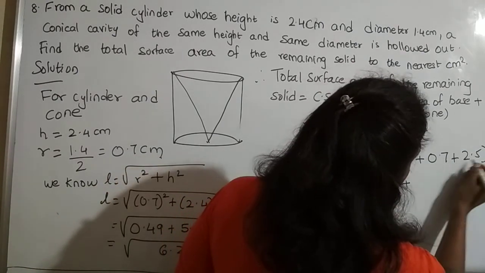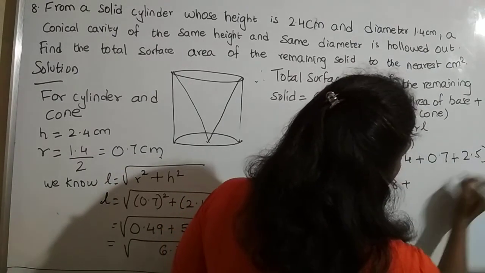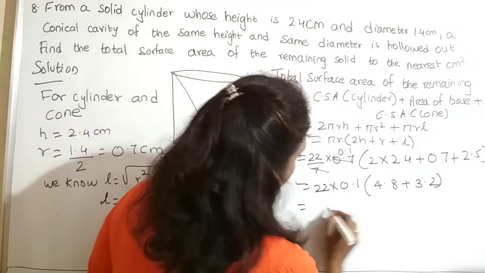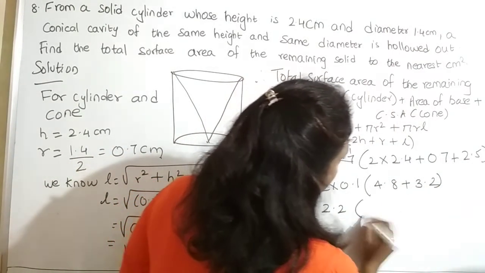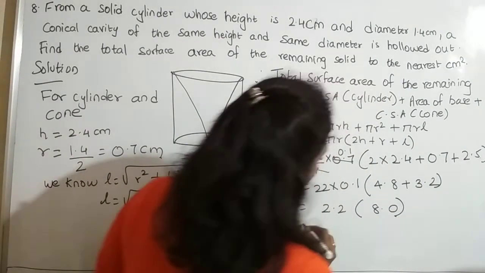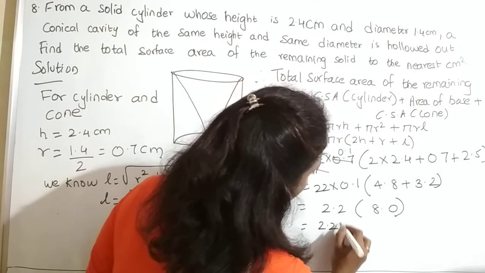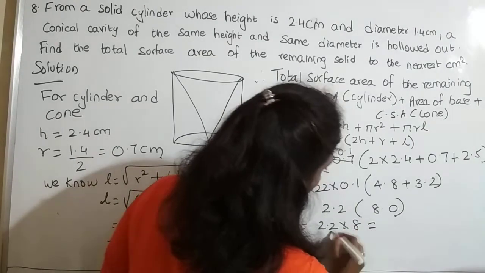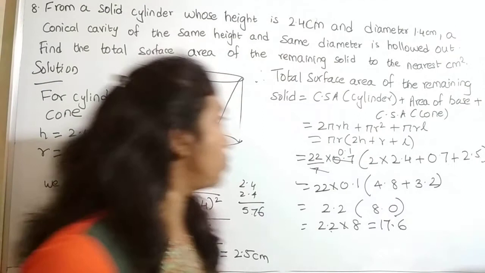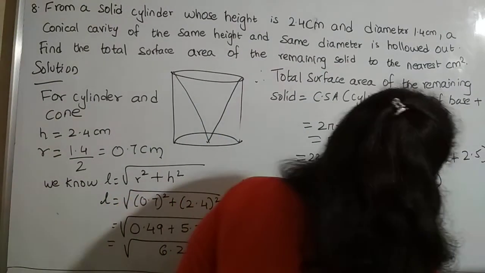Here we add, 7 plus 5, 12. So we get 3.2, correct? So here we can write 2.2. Here 8 plus 2, 10, so we are left with 2.2 into 8, which is 17.6, the answer in centimeter square.